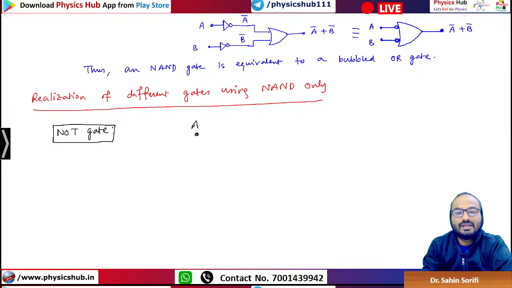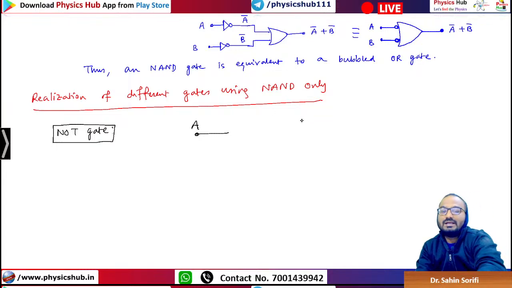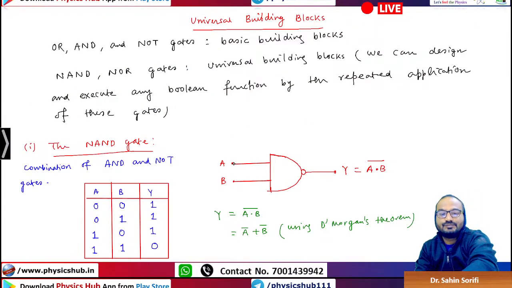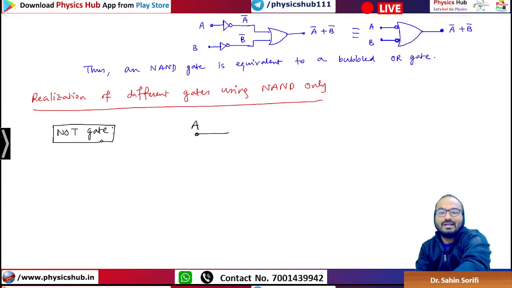We have an input A. For a NAND gate you require at least 2 inputs, but for a NOT gate there is only 1 input.